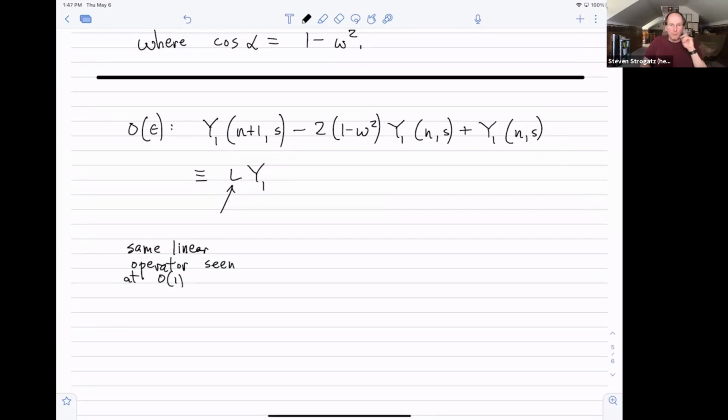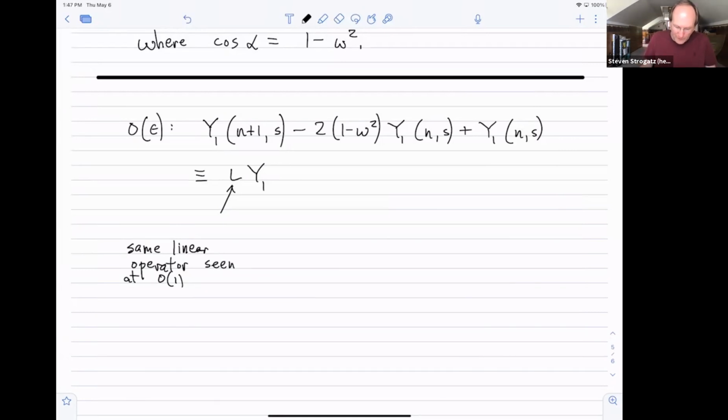It's that sort of simple harmonic oscillator looking. Well, not simple harmonic oscillator, I guess the discrete analog of the second difference, second derivative. Anyway, the point is that was the operator seen previously at order 1.